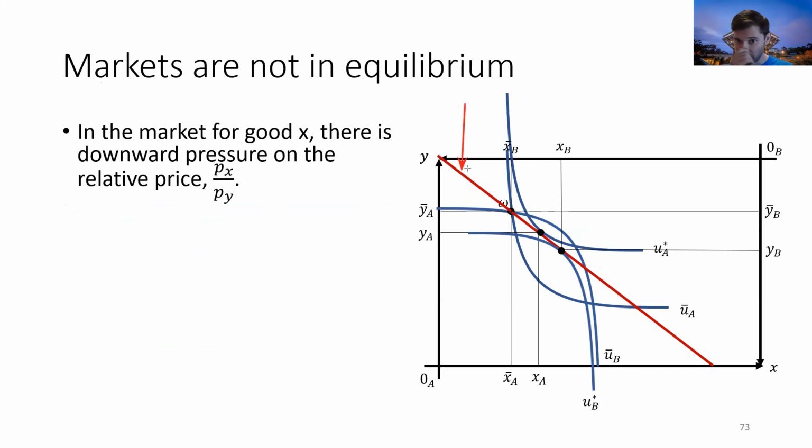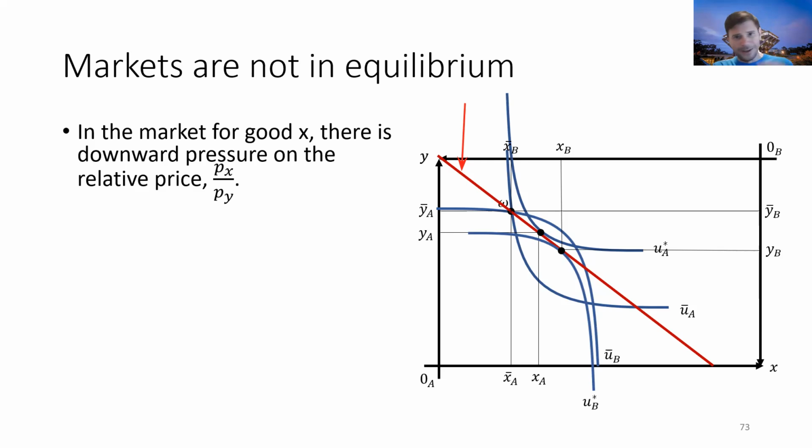How's that slope going to change if we want PX over PY to get smaller? Yeah, I like what you're saying, Dylan. It is going to get flatter. And it's going to rotate around which point? Yeah, it rotates around that endowment point. Very good.